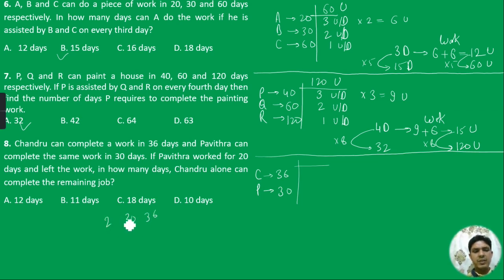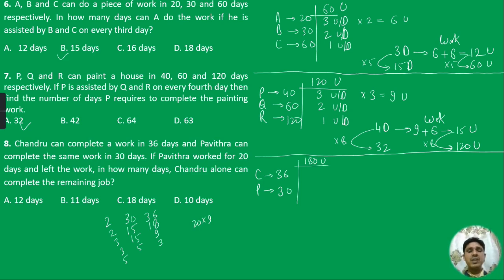So first the number will be divided by 2. If we check for the LCM, the LCM will be 180. So we can assume that the complete work is 180 unit.